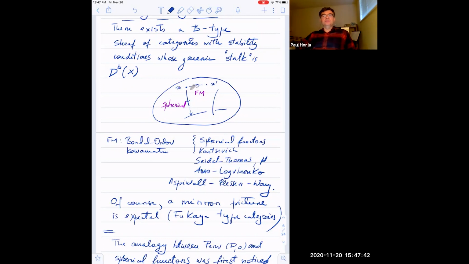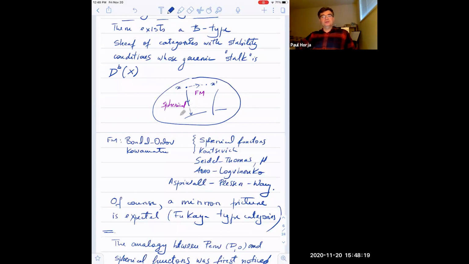So this is, by now, we can say, a little more classical. It has to do with the Kreppen resolution conjecture and some older work that I've done with Borisov. Now the new aspect of this, as far as I'm concerned, is what happens at the discriminant, and the conjecture is that this sheaf of categories has the property that approaching the discriminant locus corresponds to actually taking a spherical functor.